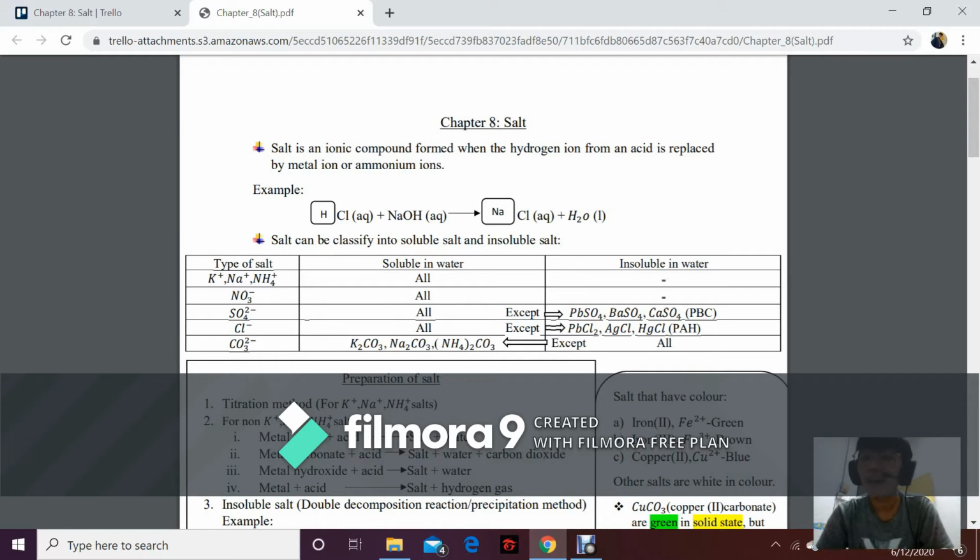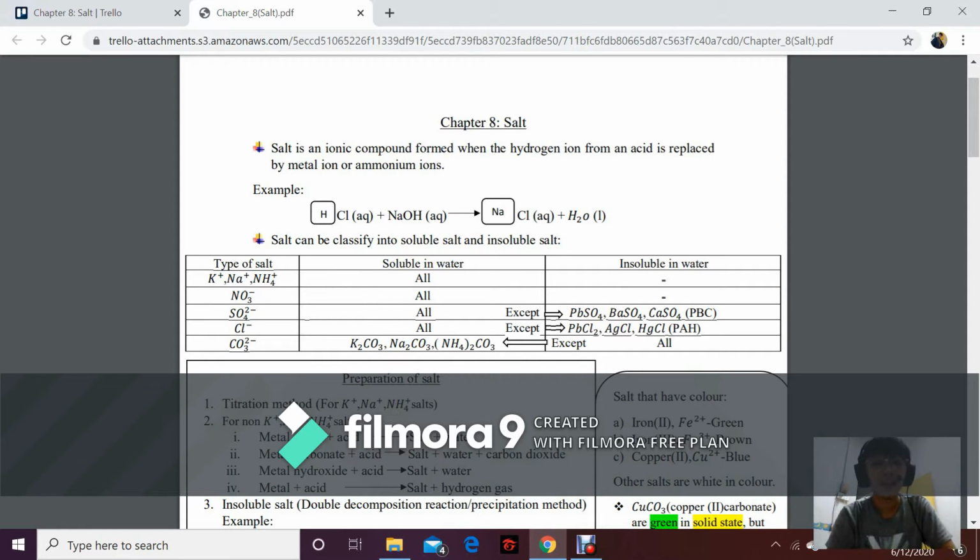So K2CO3, Na2CO3, and (NH4)2CO3 are soluble in water because K+, Na+, NH4+ are definitely soluble in water. If it is a metal ion other than these three, they are all insoluble in water. This is for carbonate salt.